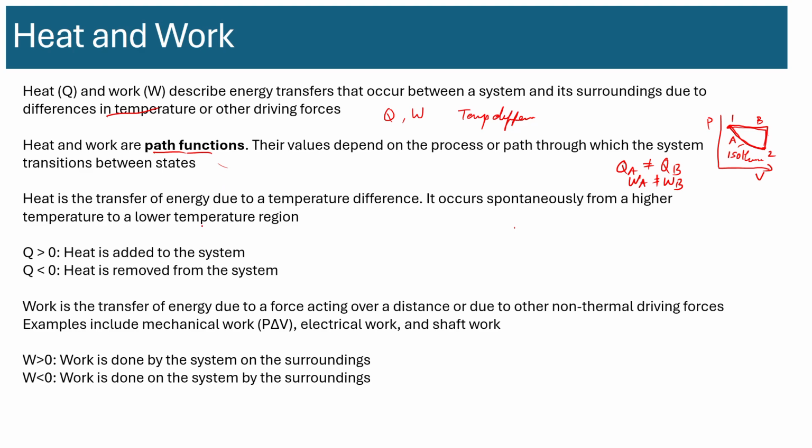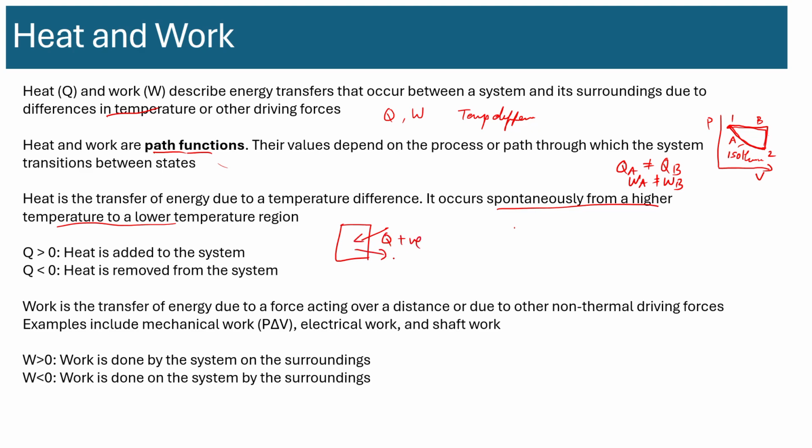Okay. And typically, one thing to note about heat is it occurs spontaneously from a higher temperature to a lower temperature. And when the temperatures match, they reach a thermal equilibrium. The sign convention is if the heat is going inside a system, okay, then it's positive.